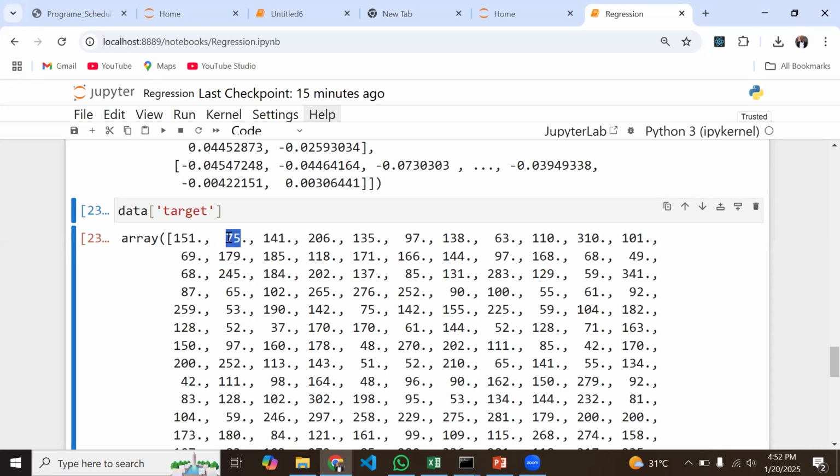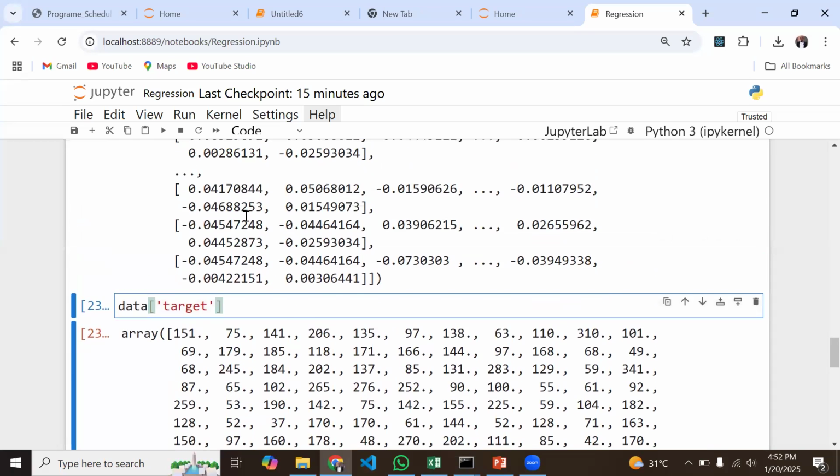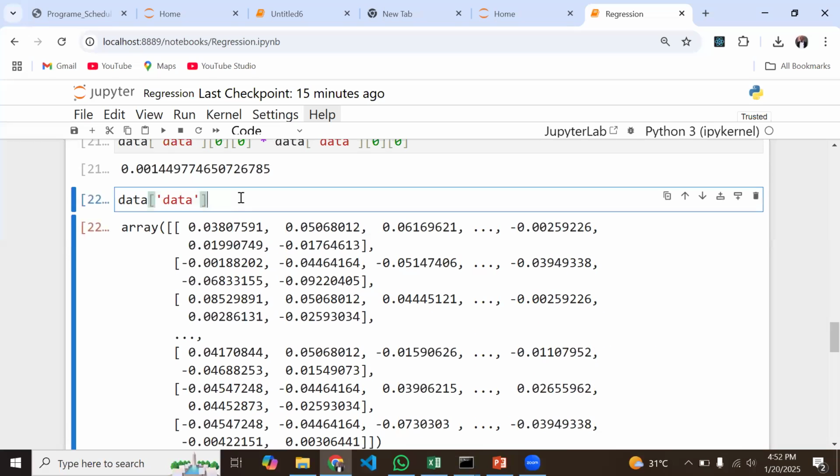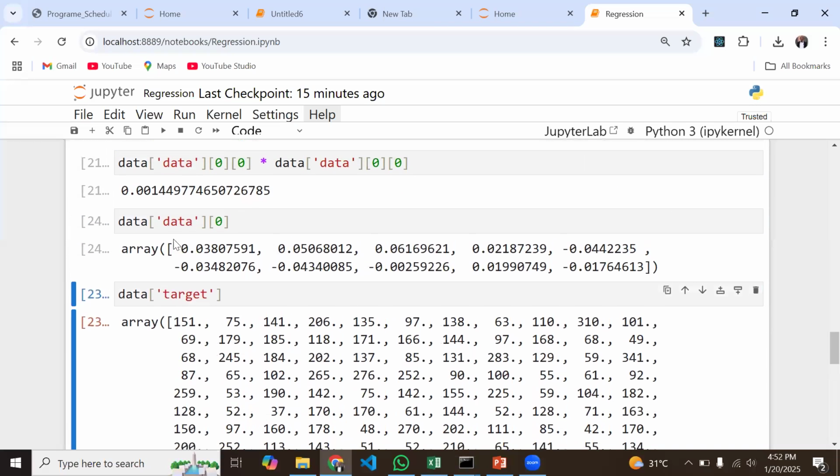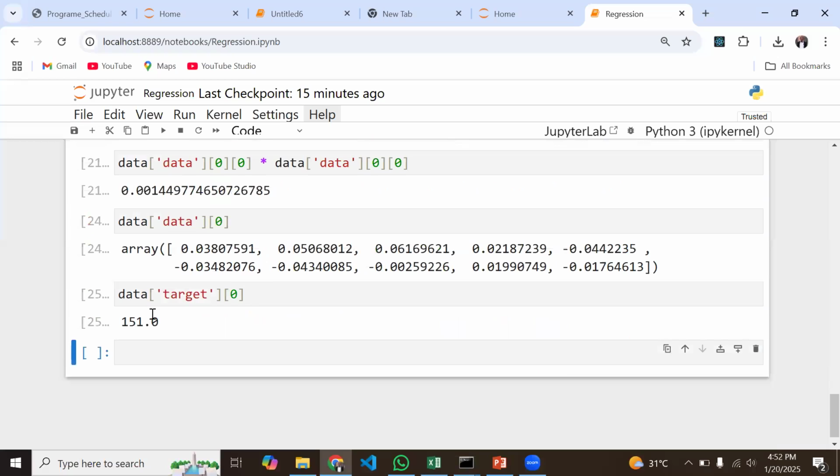These are numerical values, for which reason we can build a regression model. So the point is, given the first instance of the data, its corresponding target in terms of numeric value is 151.0, as we can see over here.